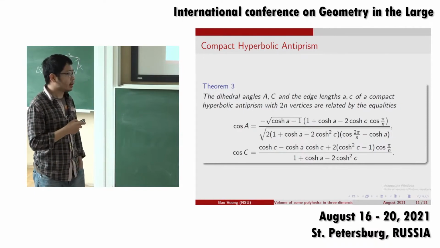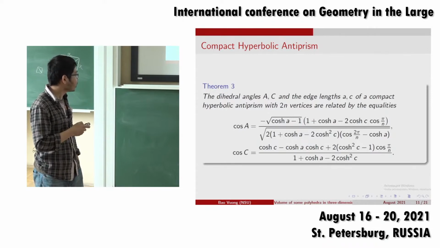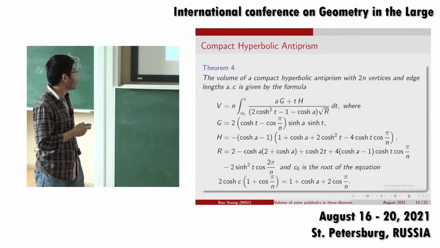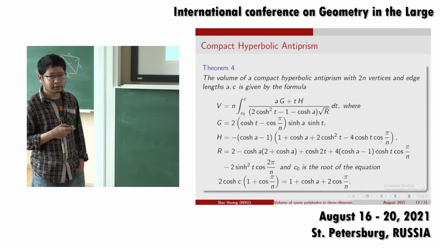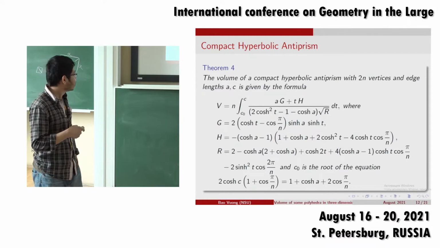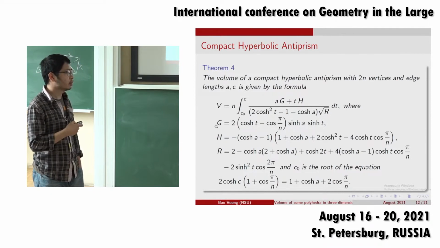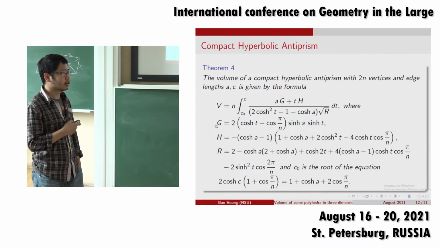We end up with a relation that expresses the dihedral angles A and C in terms of the edge lengths a and c. And using the Schläfli formula, we can get the volume as shown here. It's the integral formula for the compact hyperbolic antiprism.